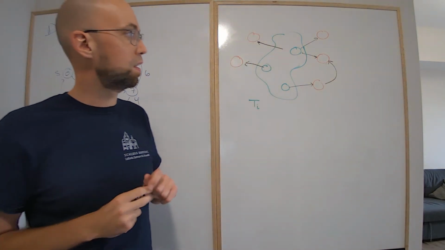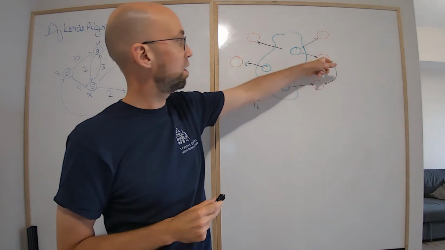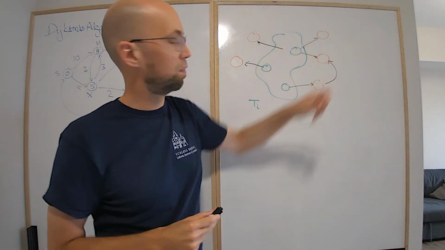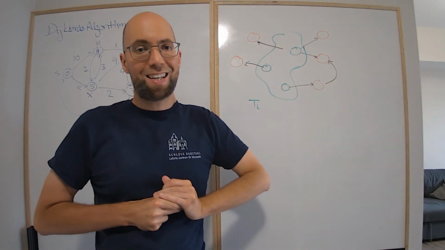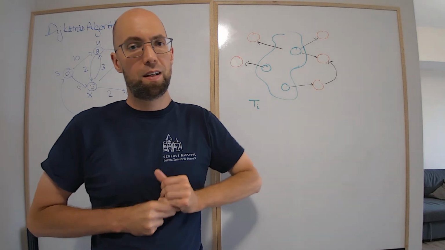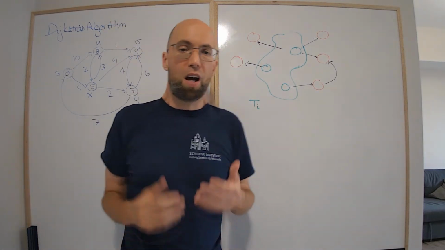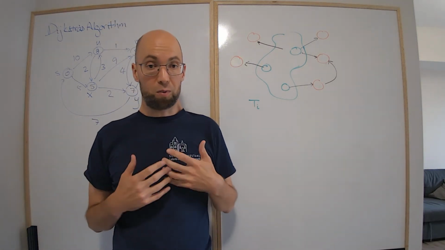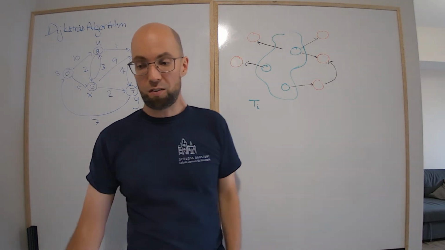This would be better than going from here to here. Why can't that happen? Well, I said that Dijkstra's algorithm assumes that there are no negative weight edges.